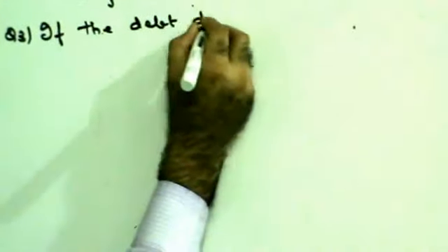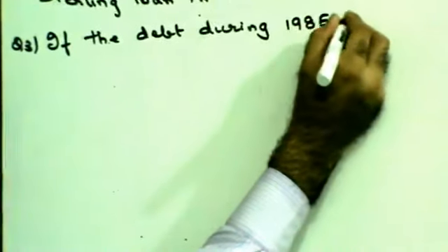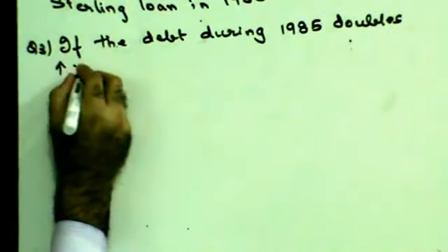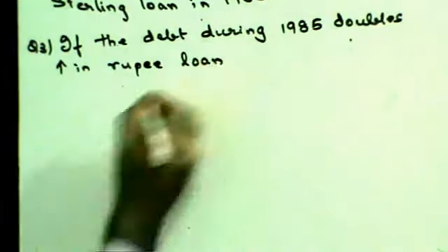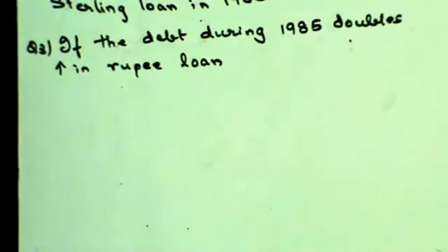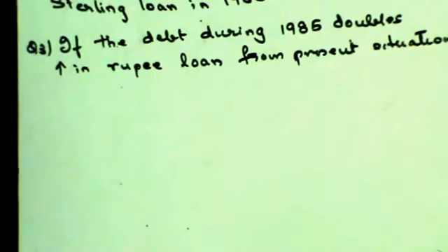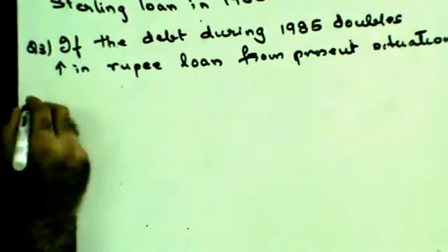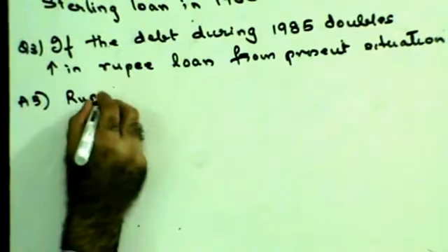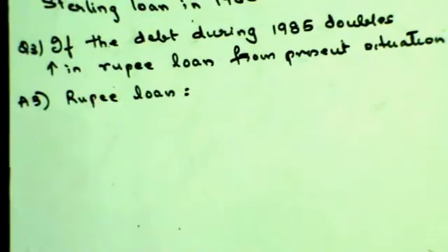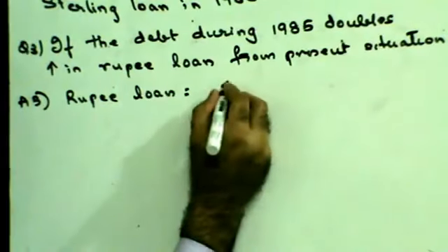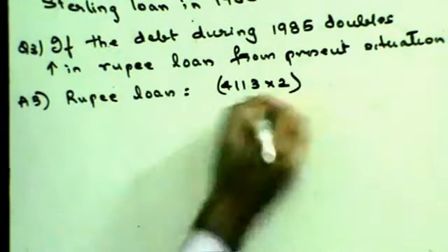They are saying that if the debt doubles, the debt is 4113 in 1985. If it doubles, it will become this much.